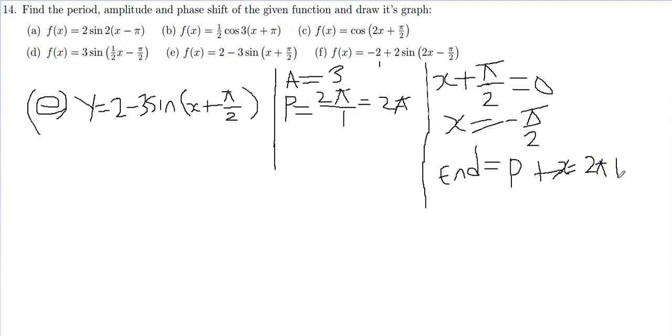Then you add it to x, so it will be minus pi over 2 plus 2 pi, and you get 3 over 2 pi. So this is going to be the point where your curve is going to end.